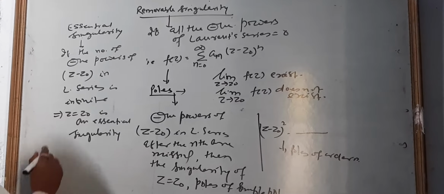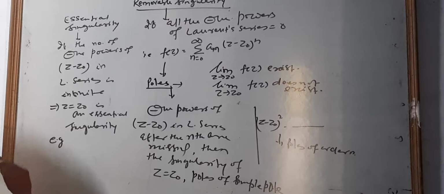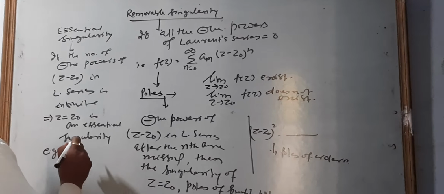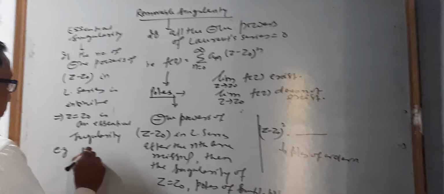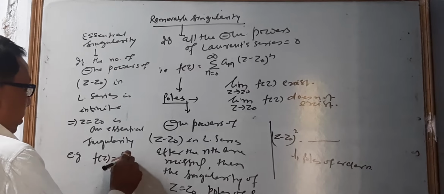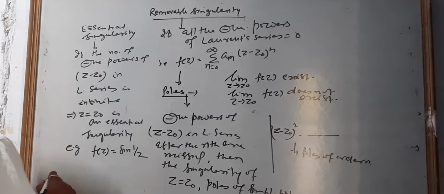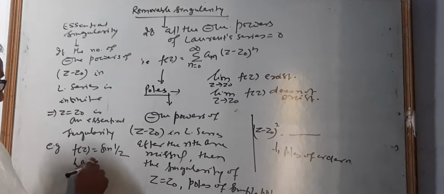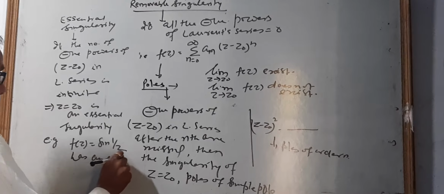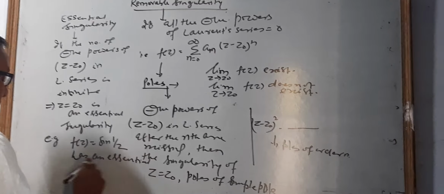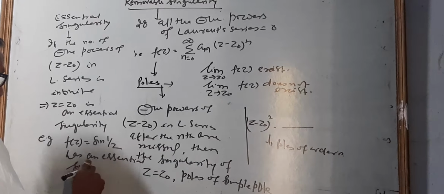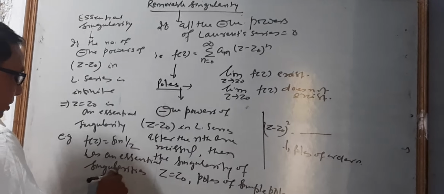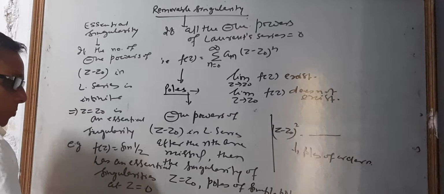For example, if you have function of z equal to sine of 1 upon z, it has an essential singularity at z equal to 0.